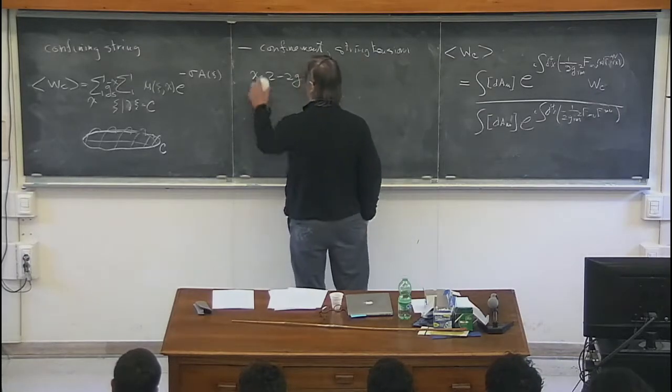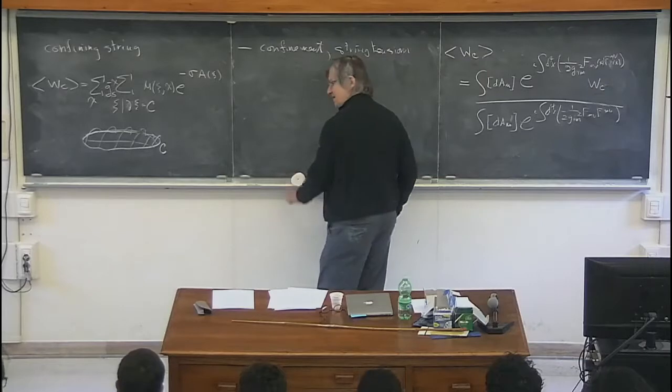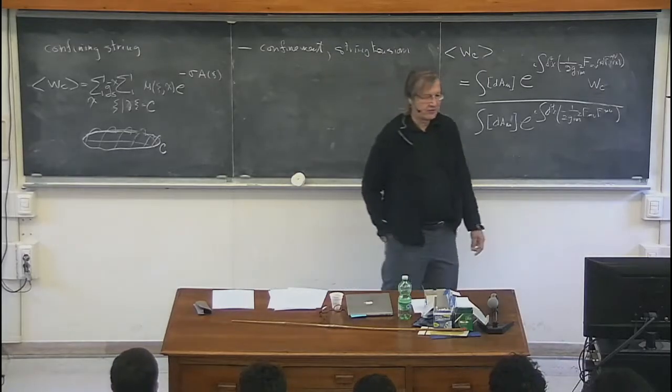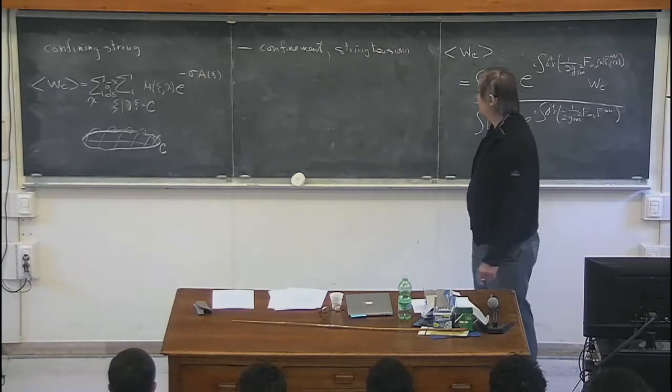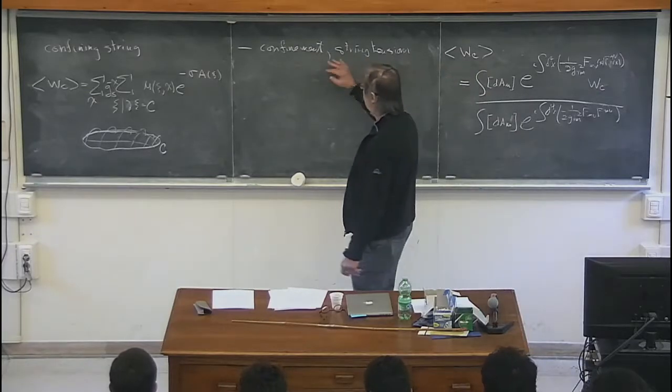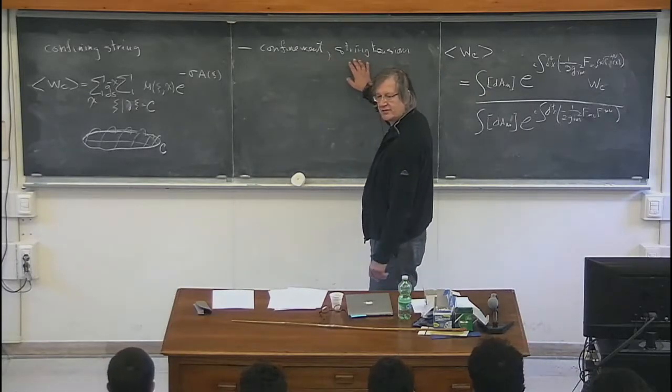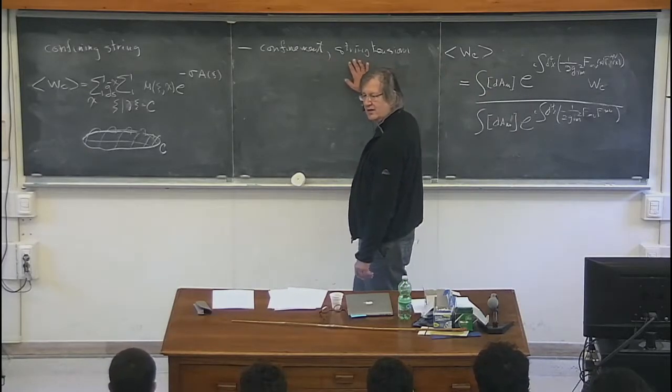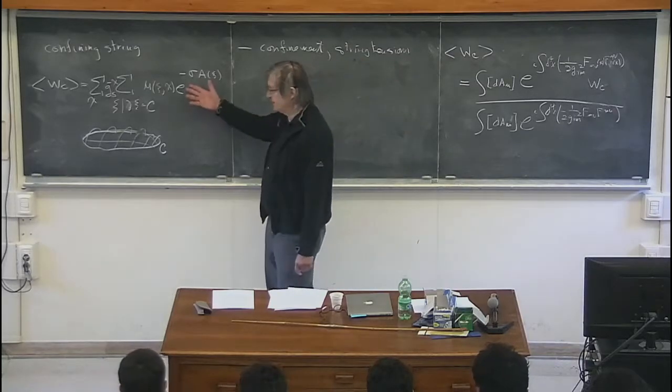But let me first review why one might think it would work, what the dream was. And so the dream was that you have a theory where confinement and the emergence of a string tension for the Wilson loop would just come out semi-classically.